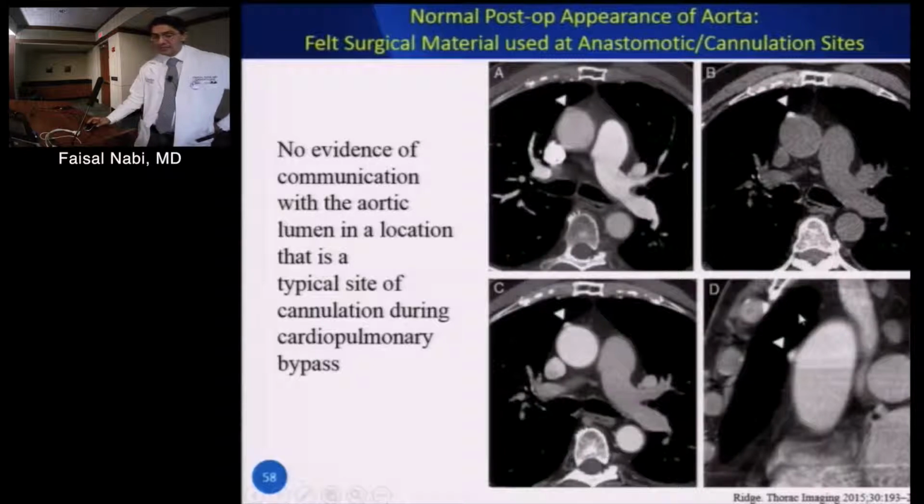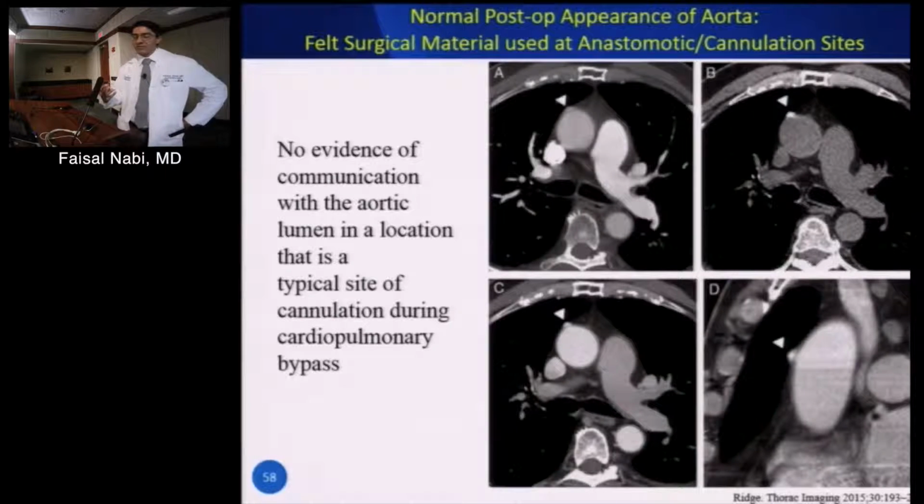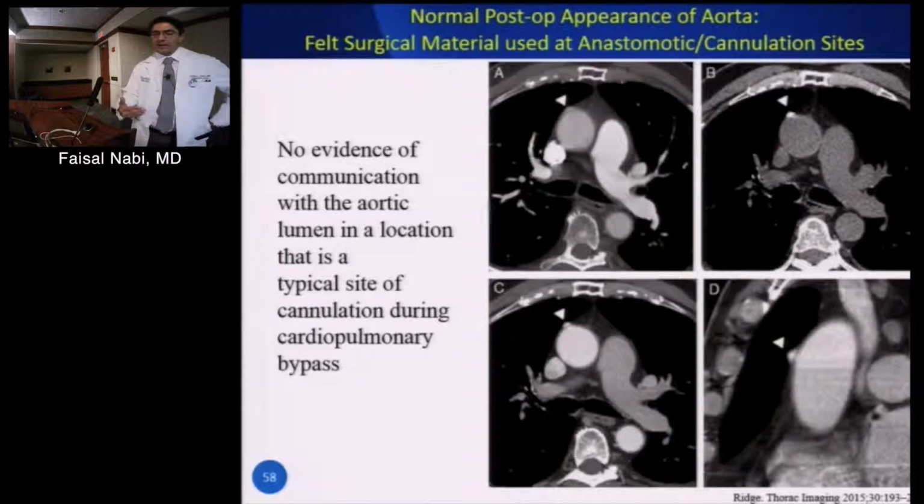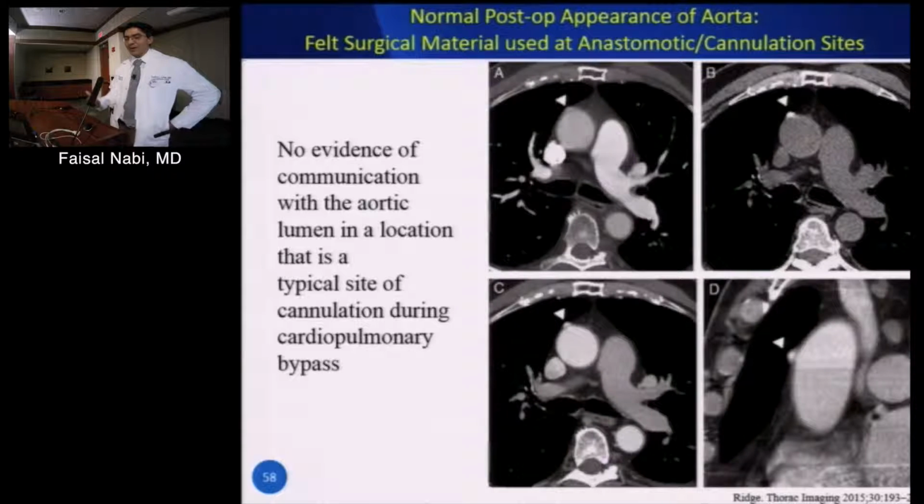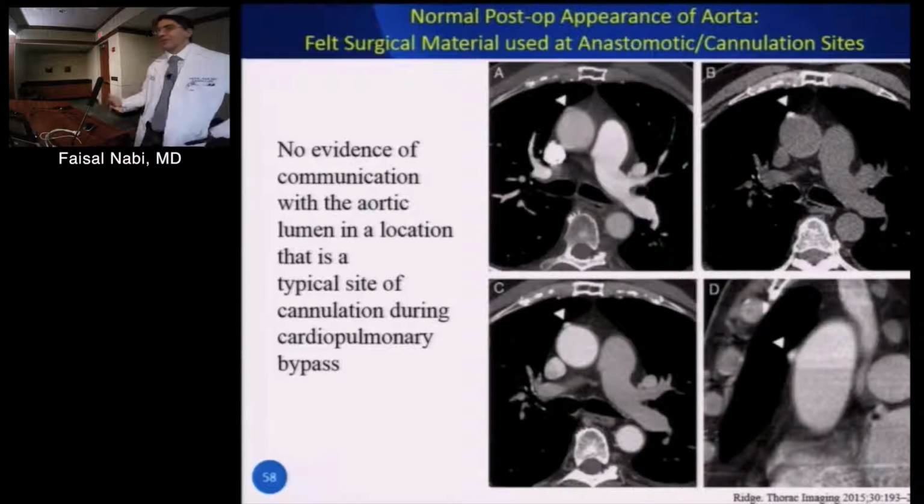One of the things that I also learned doing my reading for this, and I've made this mistake before, is that oftentimes, and it's very important with CT, in a patient who's postoperative, we'll often see very bright signals outside the lumen of the aorta. So one of the purposes of this talk is not only to identify abnormalities, but to also understand what normal is. There was one case where I called up Dr. Reardon, and I said, Dr. Reardon, I'm not sure, but I think there's extravasation of blood.